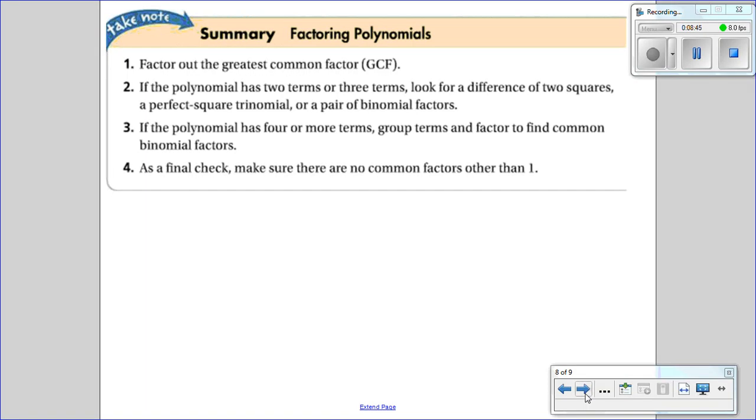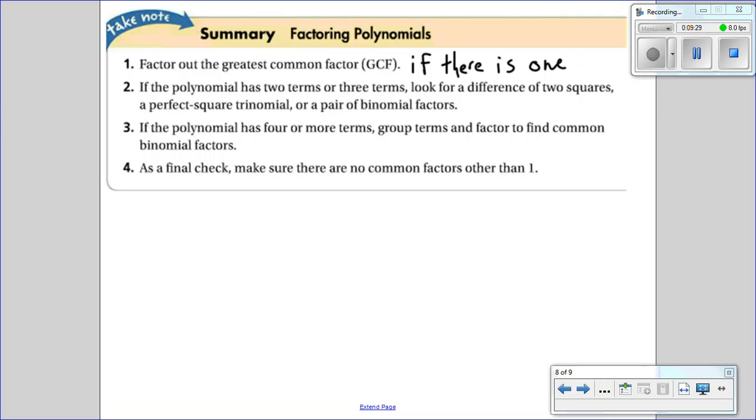Here is a step-by-step process of that. Get this in your notes. The first thing that you look for is factoring out the greatest common factor, if there is one. There's not always a GCF that can be factored out right away. Whether or not there is, if the polynomial has 2 or 3 terms, look for a difference of squares, a perfect square trinomial, or a pair of binomial factors.